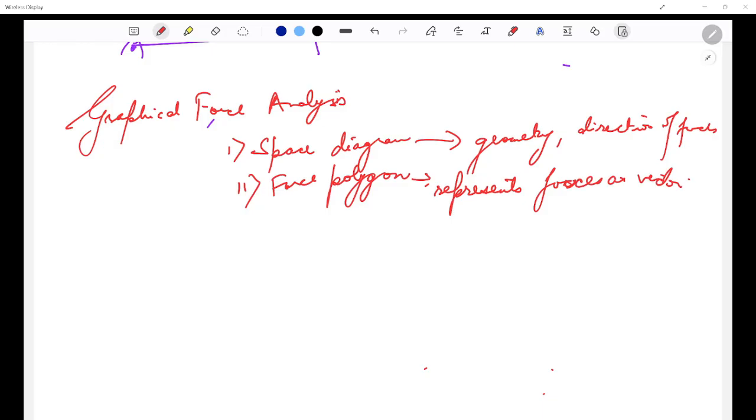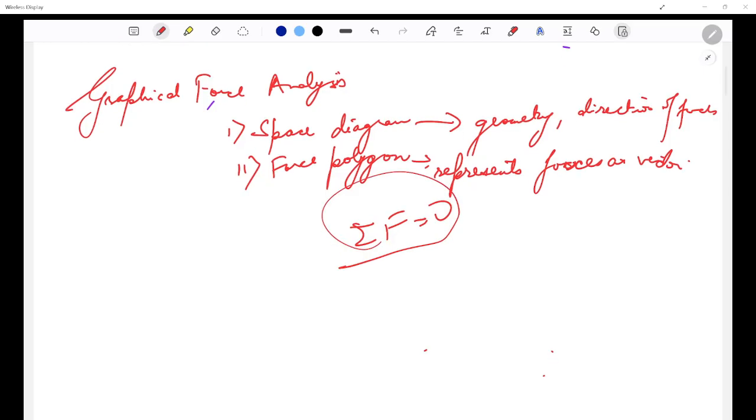Yeah. So what are the steps here? You choose some scale, you draw known force and you draw unknown forces in direction, and you close the polygon. If the polygon closes, sigma F is equal to 0. Okay.